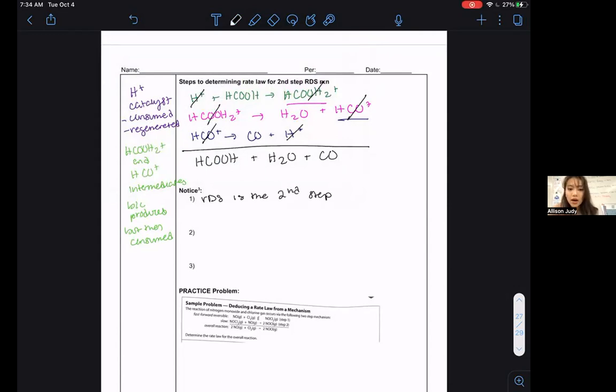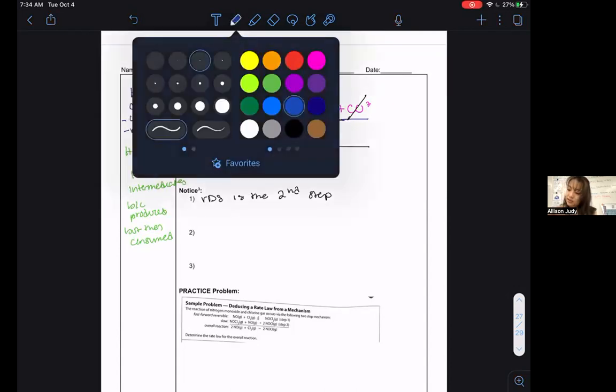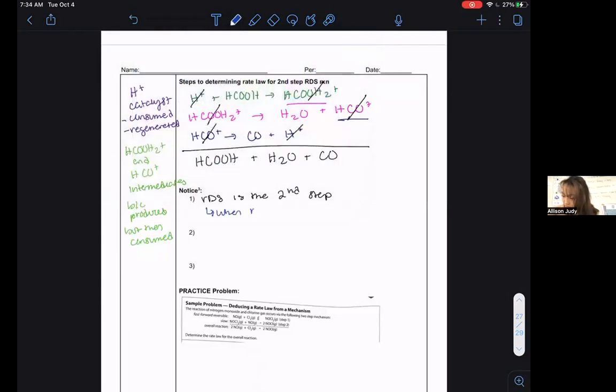So that's kind of a problem. It makes it complicated because if your rate determining step is the first step, it's super easy, right? When your rate determining step is the first step, it's really easy because you can just write your rate law based on the first step reactants.